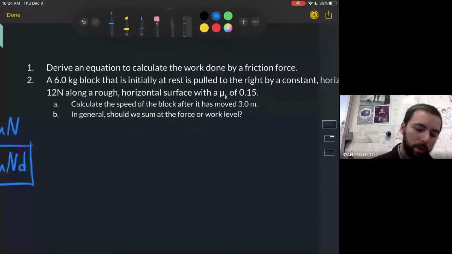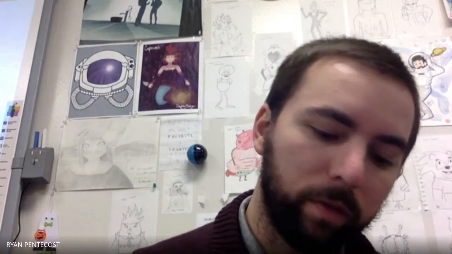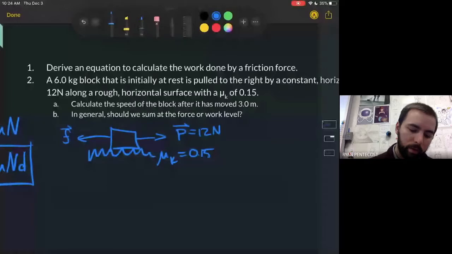We have a block with a pull force of 12 newtons. There is a friction force. It has a mass of 6 kilograms with mg and normal. Is that everything we had? Okay.